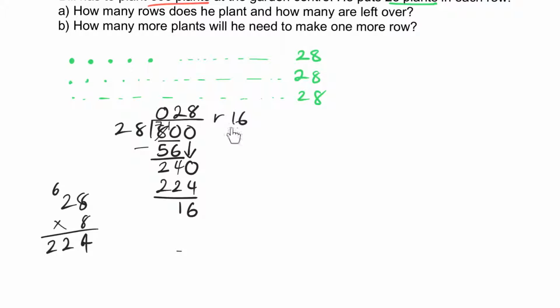Well, with the 16 plants that are left over, remember he needs 28 plants in a row to make a full complete row. So if he only has 16, how many more does he need? Well, that's 28 minus 16. 8 take away 6 is 2, 2 take away 1 is 1, so 12. He needs 12 more plants, and we're done.